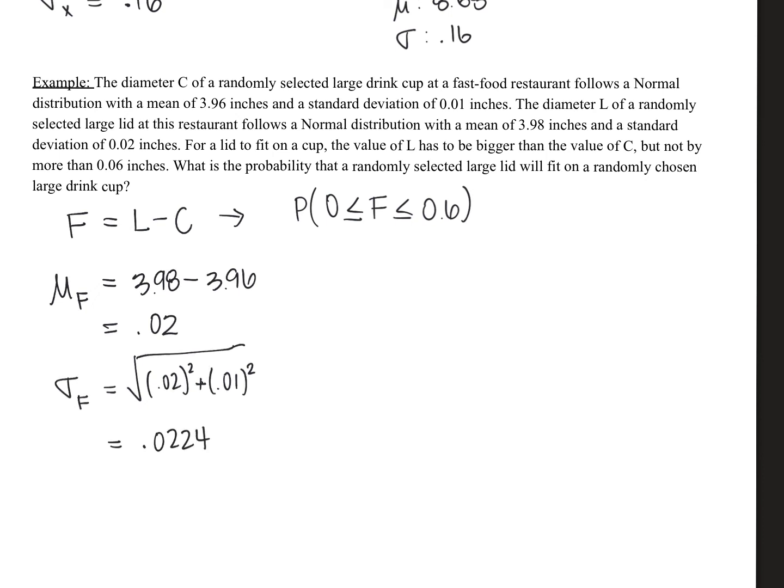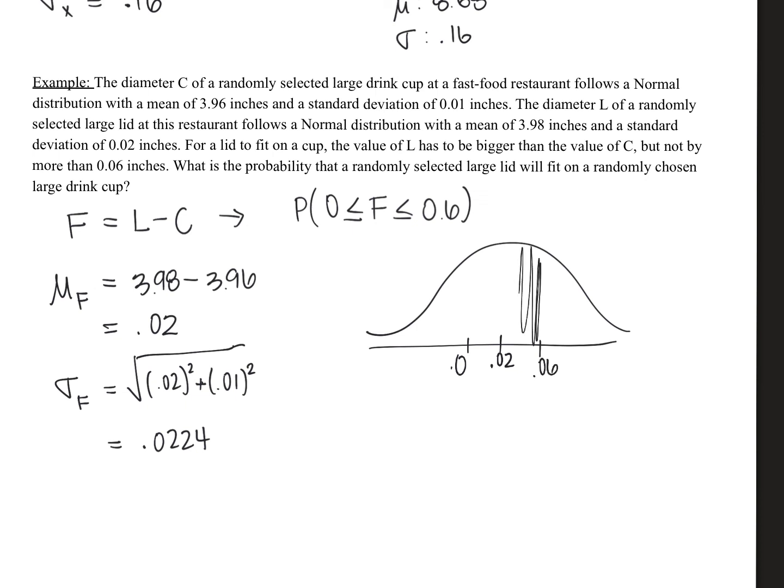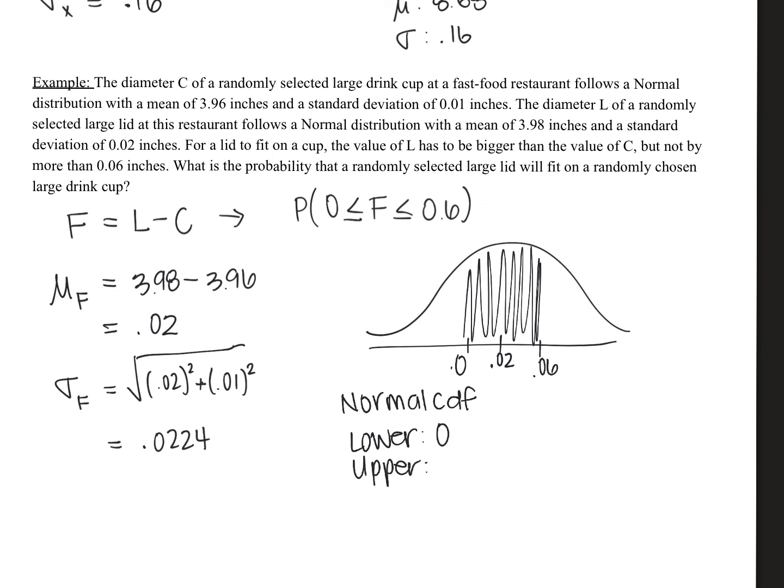So what we can do now is draw our distribution. So we have our new mean, 0.02, and we need to be between 0 and 0.06. So we're going to do normal CDF. Our lower is going to be 0. Our upper is going to be 0.06. We have a mean of 0.02 and a standard deviation of 0.0224.